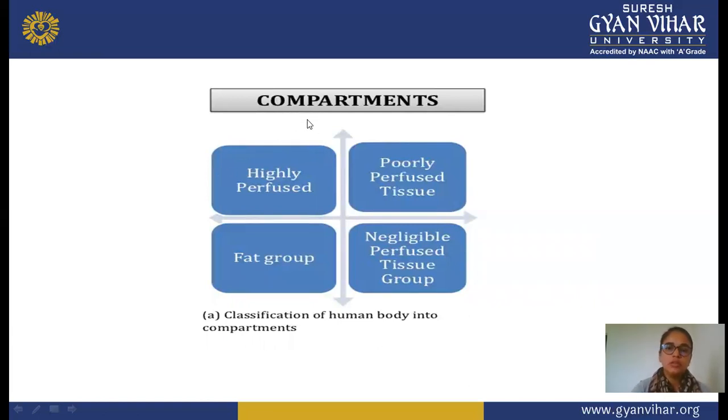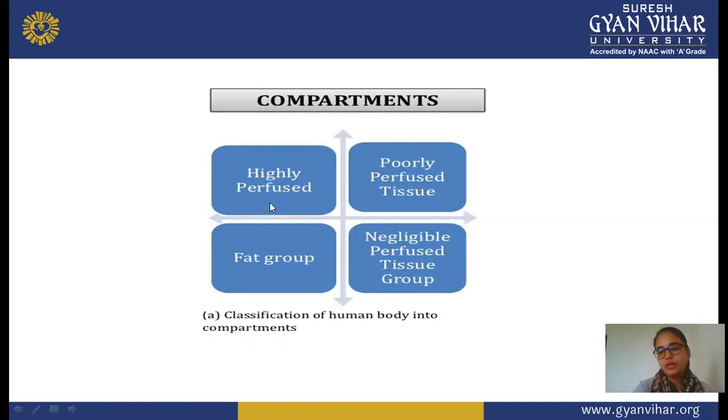Next is the fat group, which mainly depends on the type of drug. Suppose your drug is oil soluble or fat soluble, then it accumulates more in fat tissue. Next is the negligible perfused tissue group, where no absorption takes place, or only a very little amount of drug is absorbed.